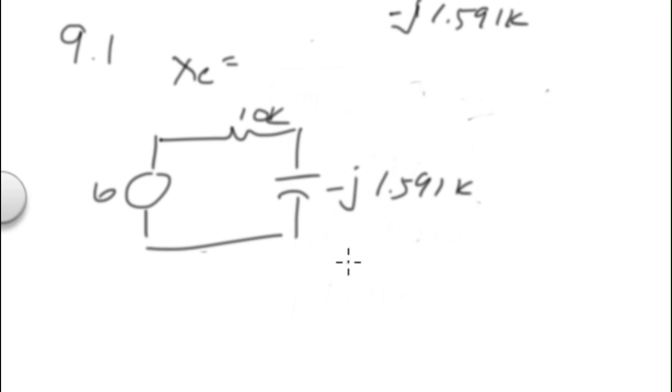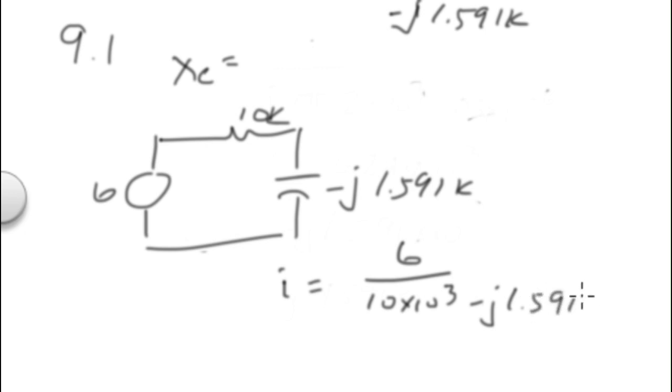So what is my current? My current, I, is equal to 6 divided by 10 times 10 to the third plus minus j 1.591K ohms.